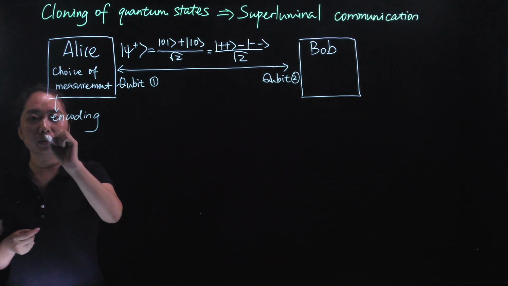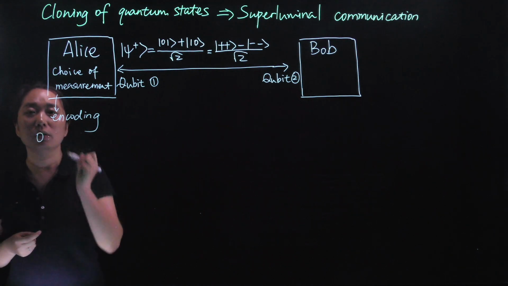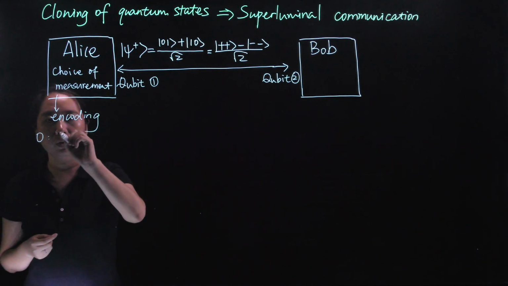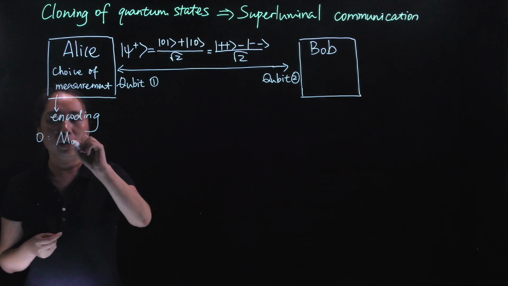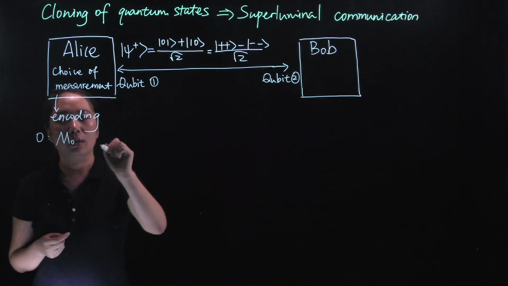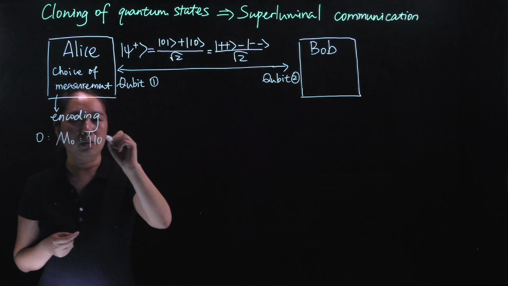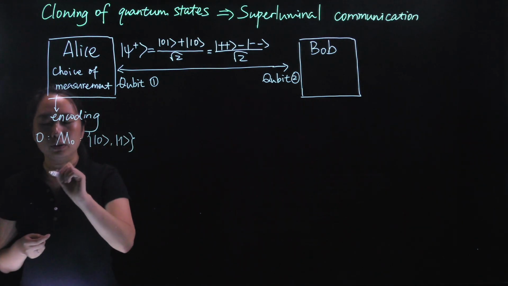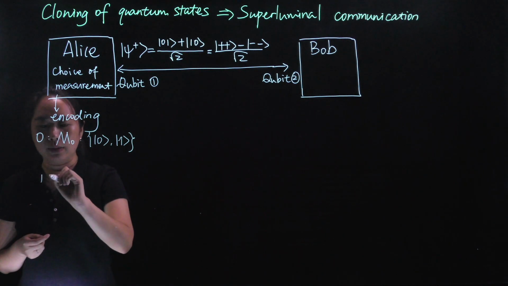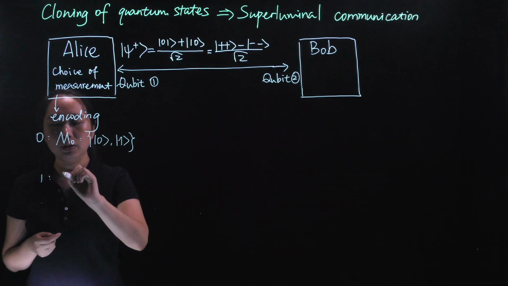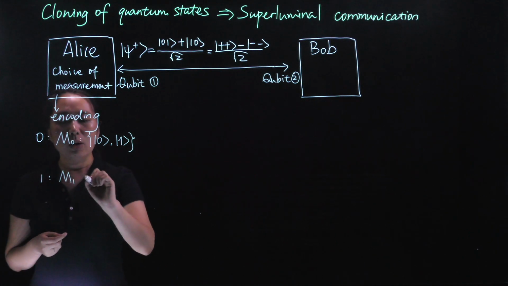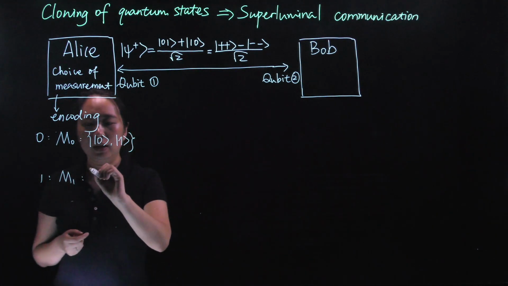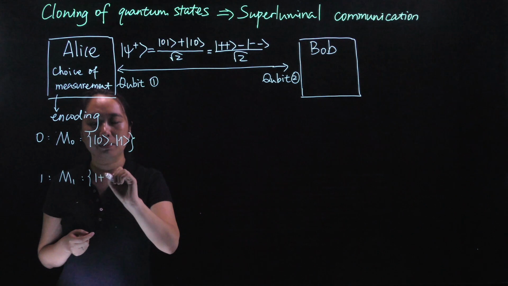If she wants to encode information 0, she would measure her qubit, qubit 1, in the M0 basis, which is the computational basis. If she wants to encode information 1, she would measure in the M1 basis, which is chosen to be the plus-minus basis.